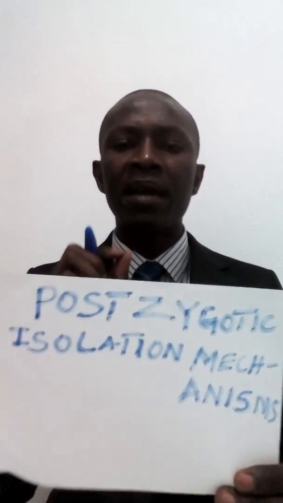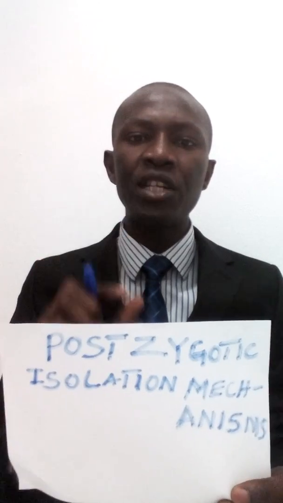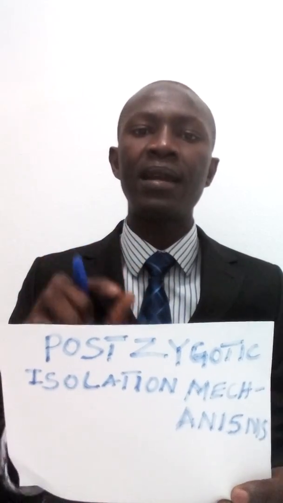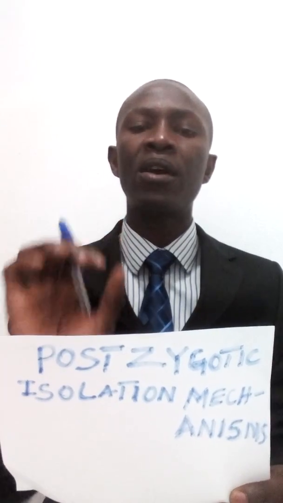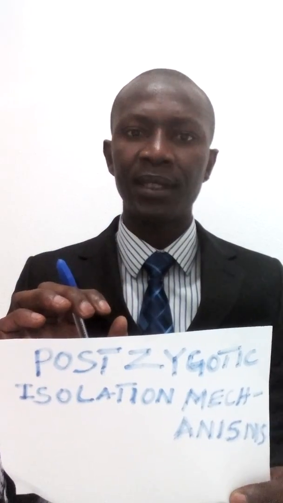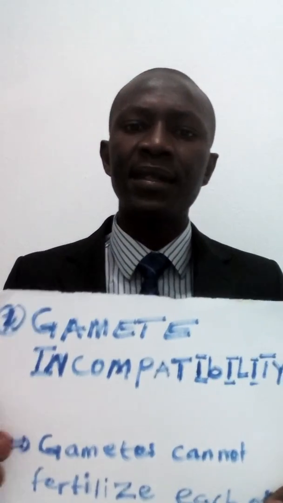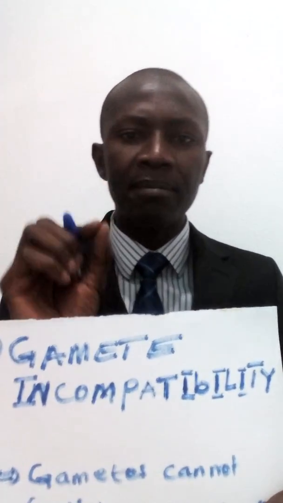These are some of the mechanisms that prevent the formation of a viable and a fertile offspring whenever two different species come in contact. Now, we shall look at these mechanisms one by one. The first mechanism is the gamete incompatibility.